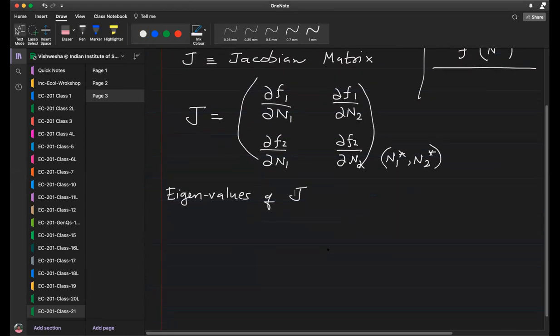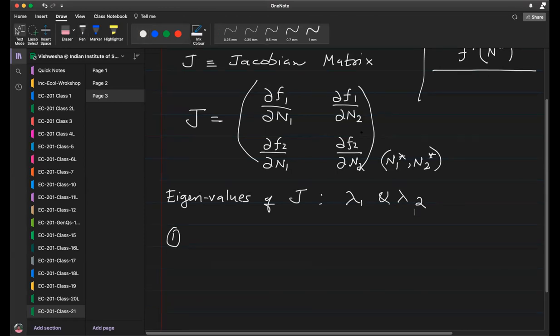Okay. And now there are many possibilities. Case 1. Let's call them lambda 1 and lambda 2. If you have a 2 by 2 matrix, there are only two eigenvalues possible, and these can be real or complex. Now, if lambda 1 and lambda 2 are real, and lambda 1 is less than 0 and lambda 2 is less than 0, both eigenvalues are negative.